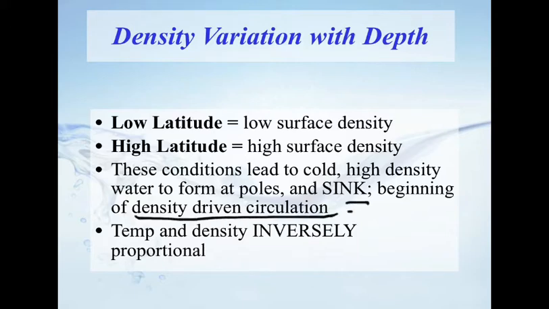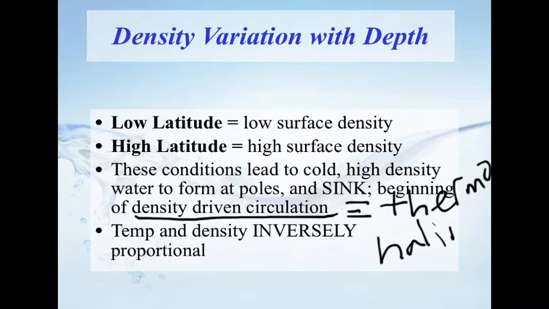This is exactly equal to thermohaline circulation. Thermohaline circulation and density-driven circulation are both driven by the differences in density at the top and the bottom of the ocean. That's an important concept to understand. Thermo obviously means temperature, haline means salt, and the two of them together control density.